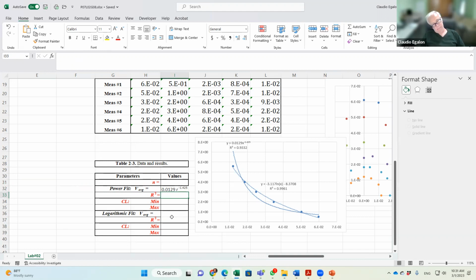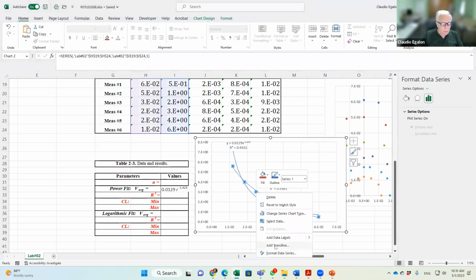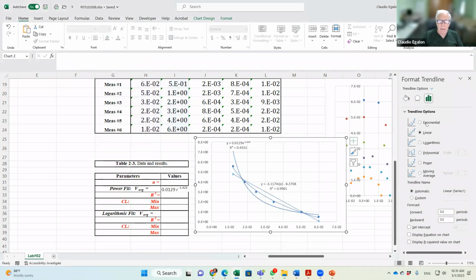Okay, this is the type of thing that we do whenever we're doing research. We try to fit a mathematical model to our data to make sense of it. Today, software like Excel allows you to fit a few types of curves. Not only do you have linear, but also exponential, logarithmic, polynomial, power, and moving average.